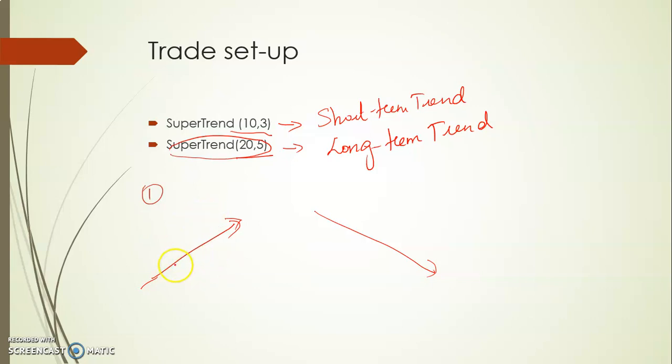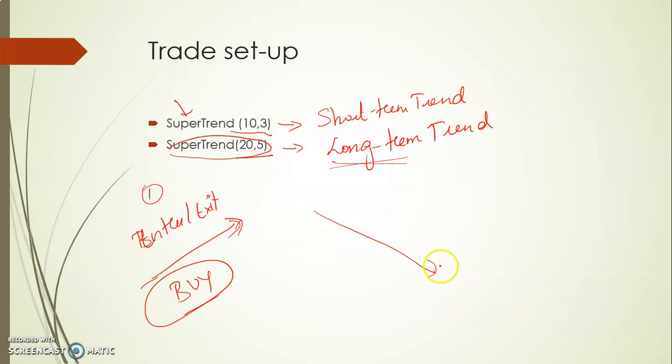Okay, so when the long term indicator gives the uptrend, then you have to use the short term trend to do the entry and exit of the trade. Okay, so when the long term trend is uptrend, then you have to do only the buy. Okay, and this can be done using super trend 10,3.